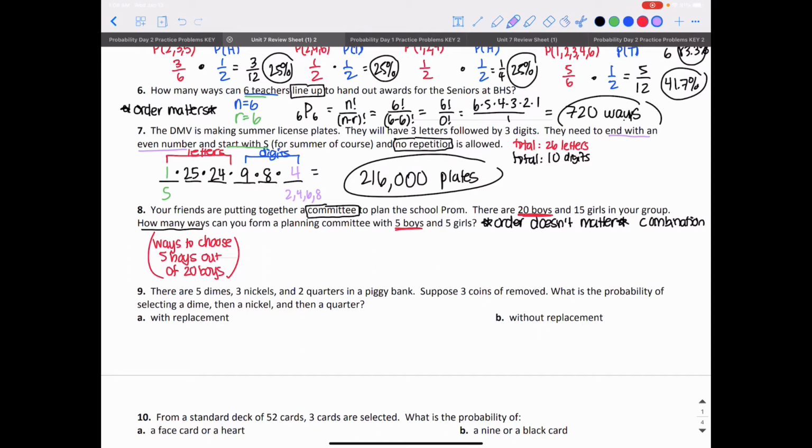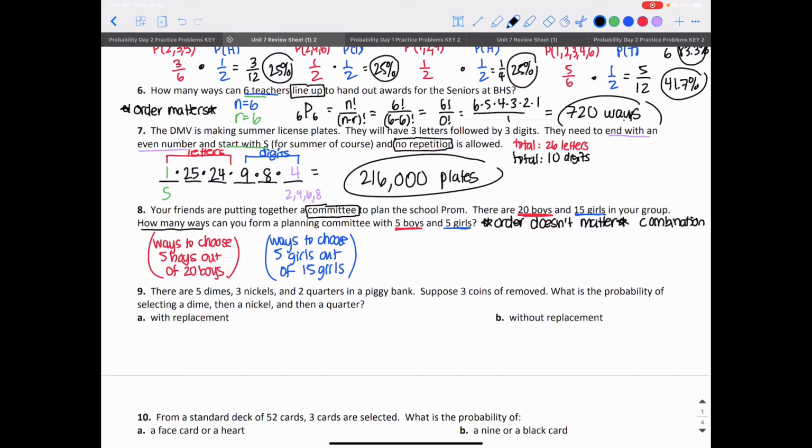Then I'm looking at this other category, which is girls. And there's 15 girls total to choose from, and I want to choose 5 of them. So I want to know the ways to choose 5 girls out of the 15 girls I was given. So for this committee, I want to know the total ways for me to get those 5 boys and 5 girls together. So I want a total of 10 people.